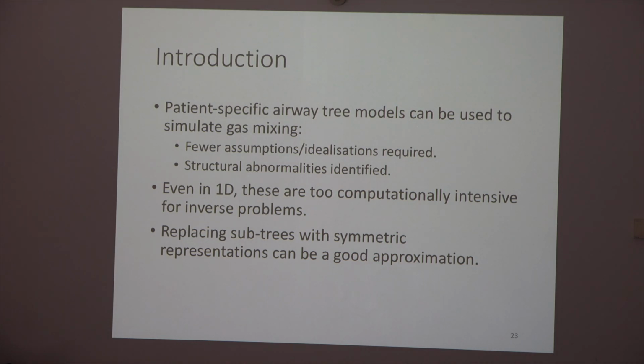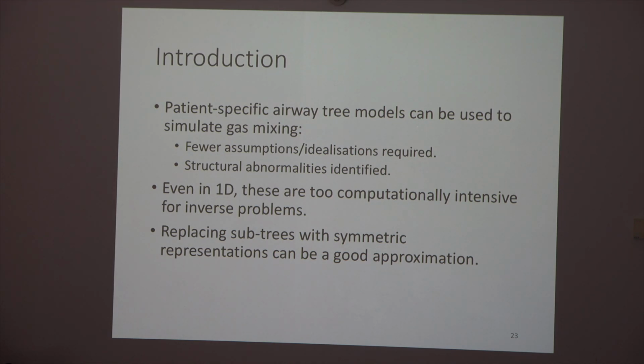If you do a full ventilation transport simulation on a full patient-specific airway tree, 30,000 terminal airways, then you're talking maybe at best 20 minutes, half an hour per simulation. And if you want to do 1,000 of those, then you're going to very quickly run into problems without using a large computer.